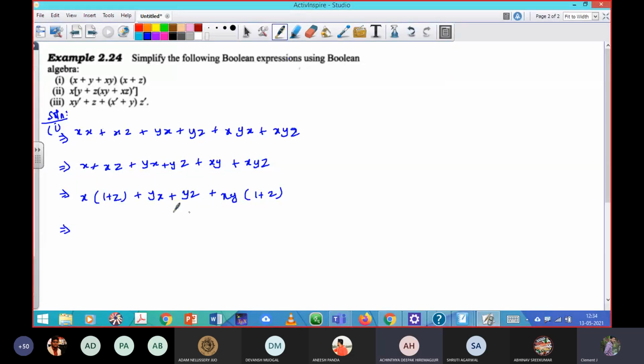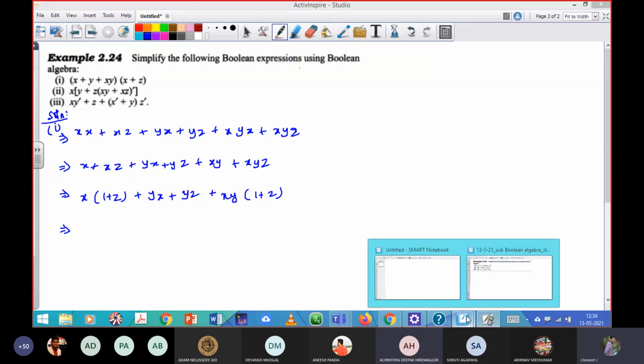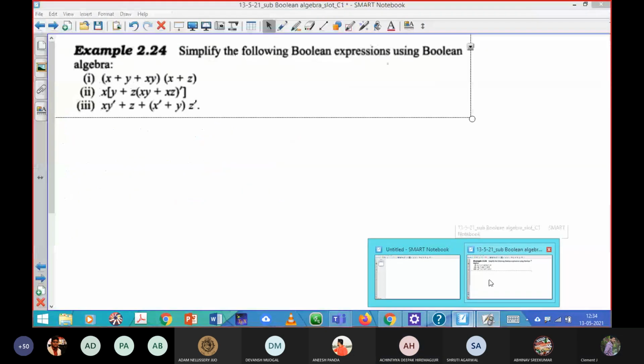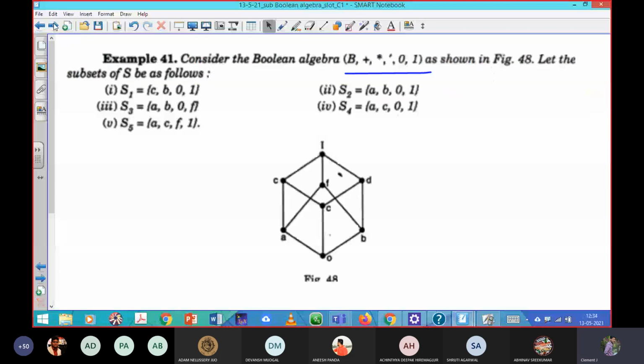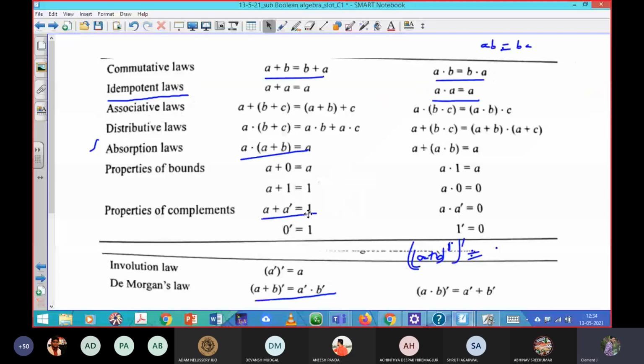Okay. After this, what is the answer for this 1 plus z? 1. By using which law? I'll show that. 1 minute. See here, the bound property. By using the bound property, if you add the greatest element with any element, you will get the answer.